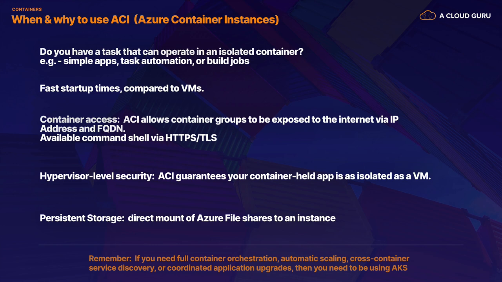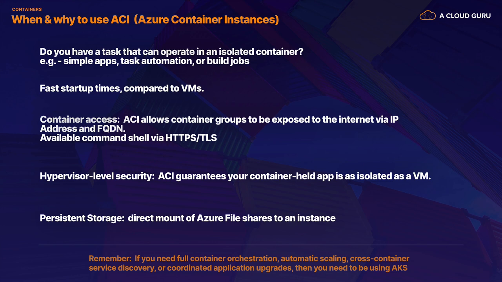Azure containers allow container groups to be exposed to the internet, both via IP addresses and fully qualified domain names. And you can access them in an HTTPS TLS command shell if you want to interact with your application that way.